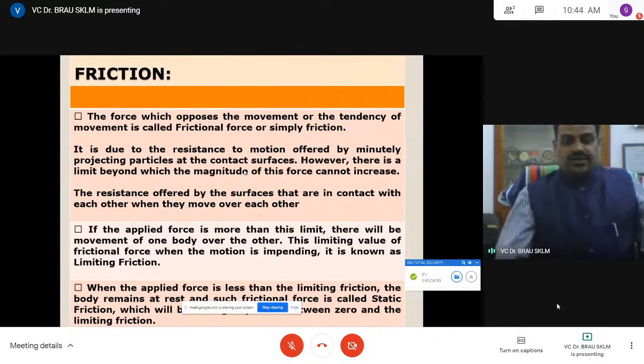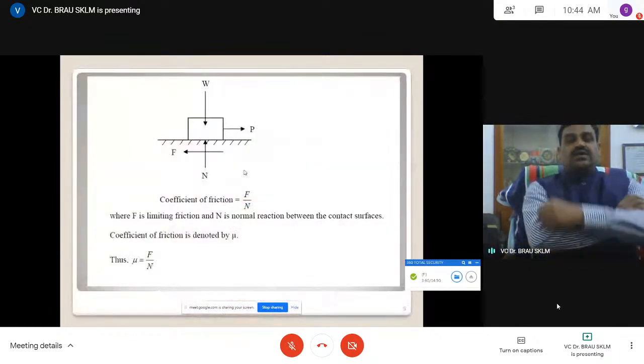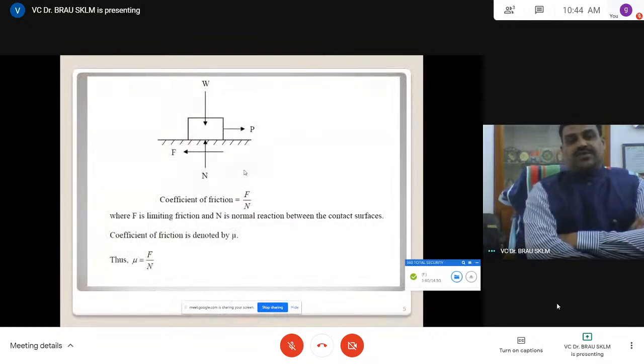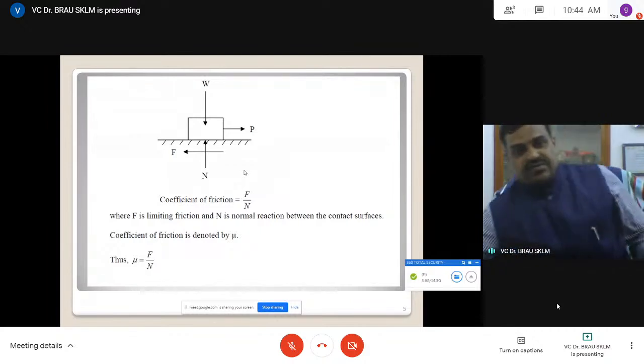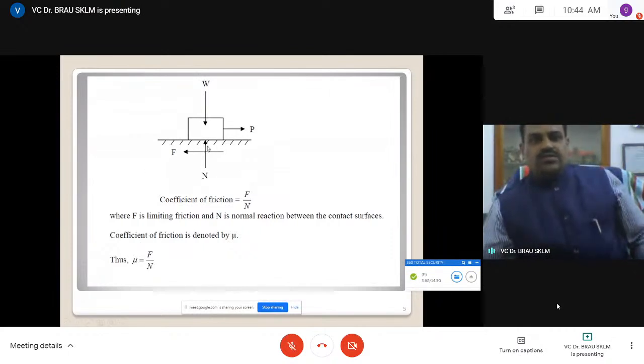Now let us come to the mathematical analogy, how generally we will represent it. If you can see, there is a block which is resting on a rough surface. Because the rough surface means a number of particles are touching, a lot of interlocking between the two surfaces is taking place.